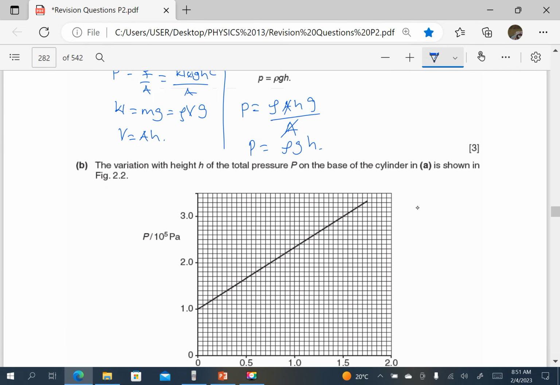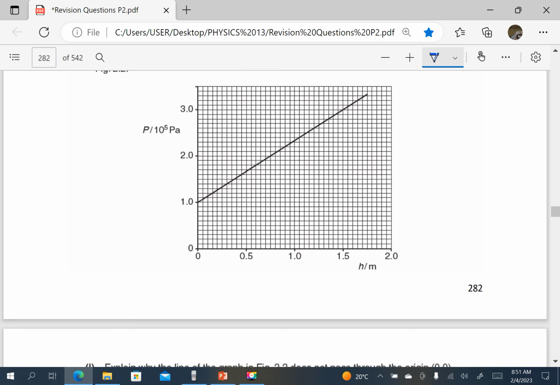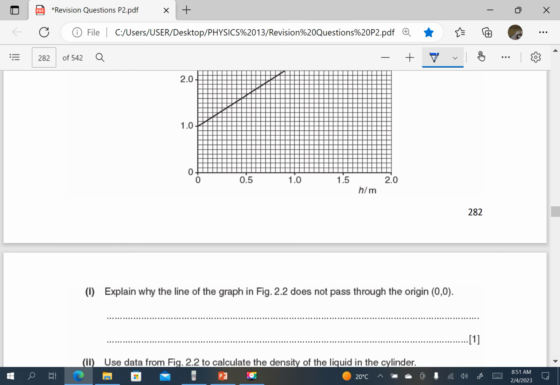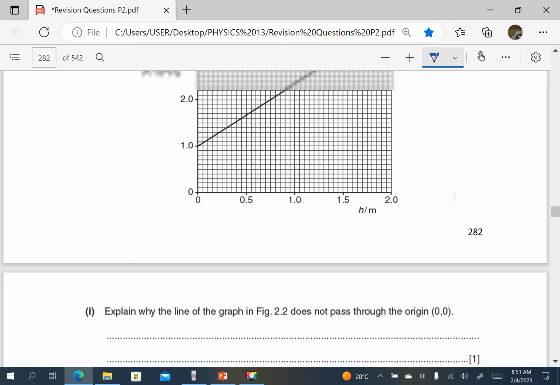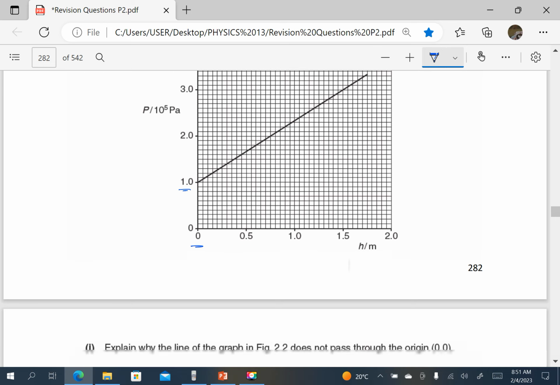The variation with the height h of the total pressure P on the base of the cylinder is shown here. Explain why the line of the graph in the figure does not pass through the origin. We are seeing that at h equals 0, there is a value which could be accounted for by maybe air pressure or atmospheric pressure.